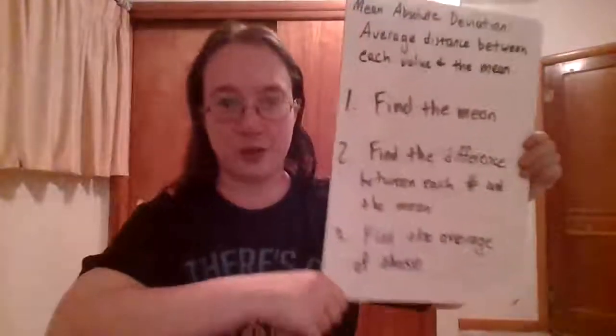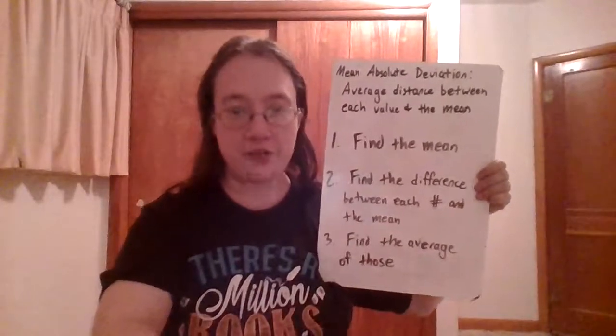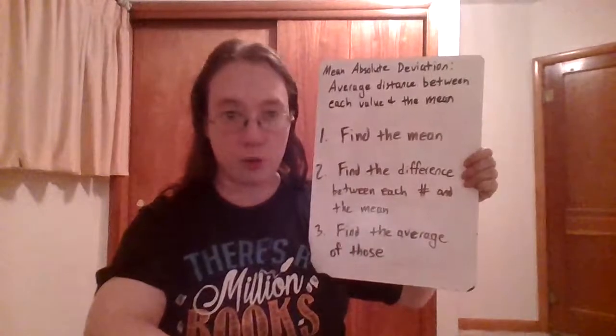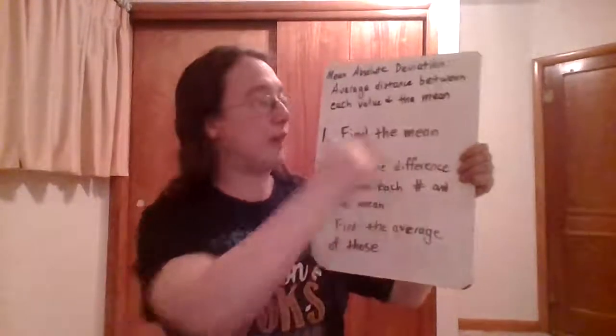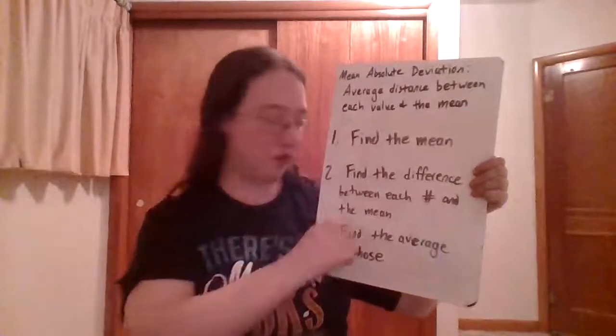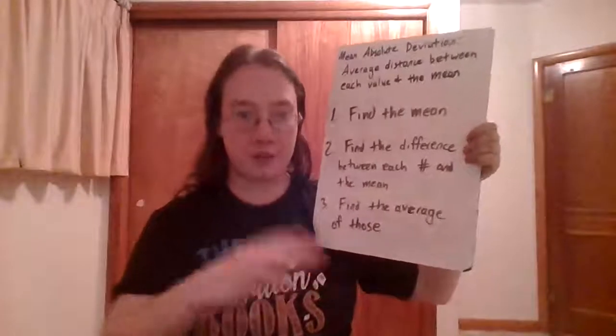Alright, so the mean absolute deviation, your technical definition for that, is the average distance between each value and the mean, which is a lot of words. So what we're really going to do to find that is we're going to find the mean, we're going to find the difference, and difference, remember, means we're subtracting, between each number and the mean. And then we're going to find the average of those.